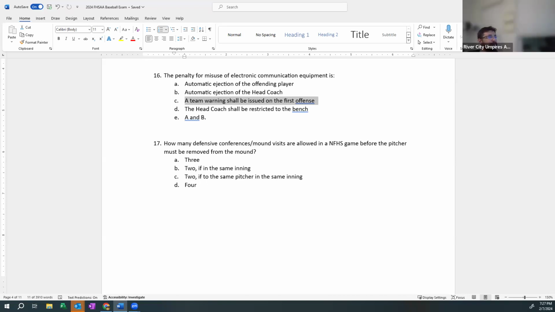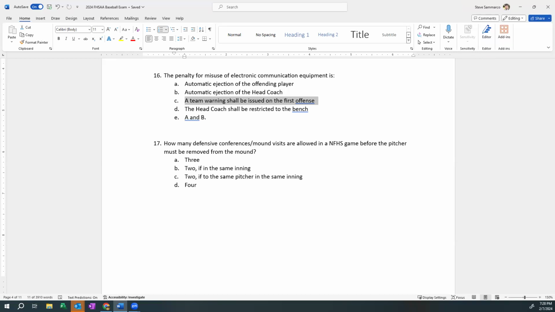How many defensive conference mound visits are allowed in a National Federation high school game before the pitcher must be removed from the mound? A. Three. Yeah, A. Okay, so what you're saying is on the third visit, they have to pull him? Oh my goodness, this is a trick question.